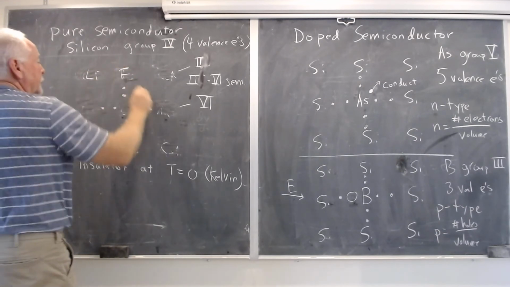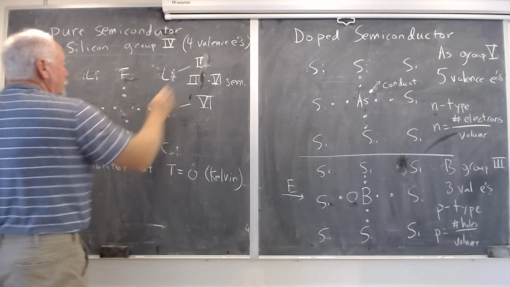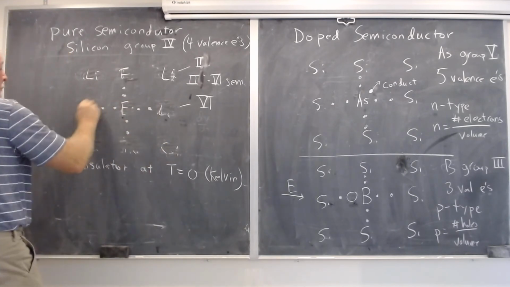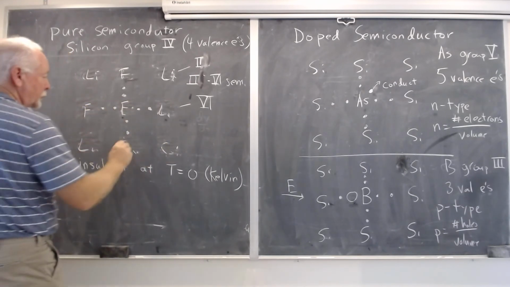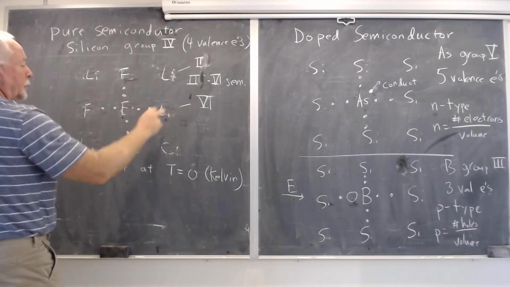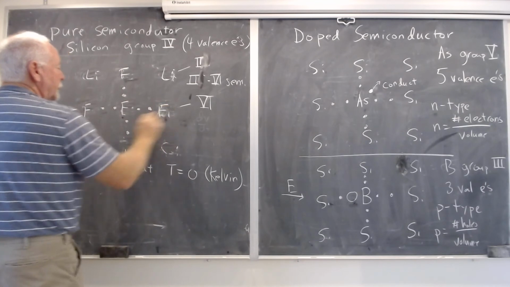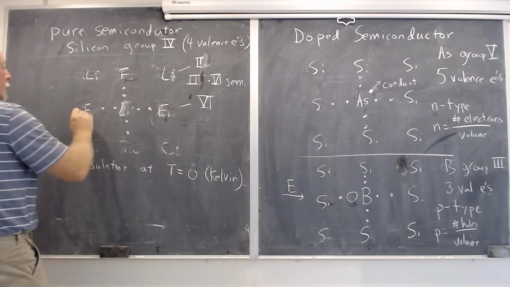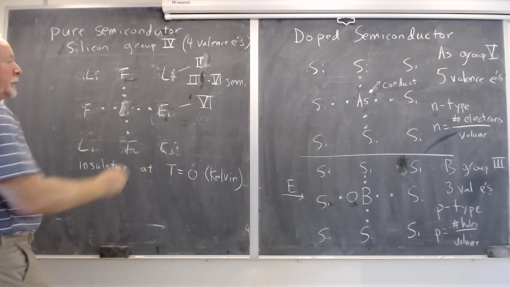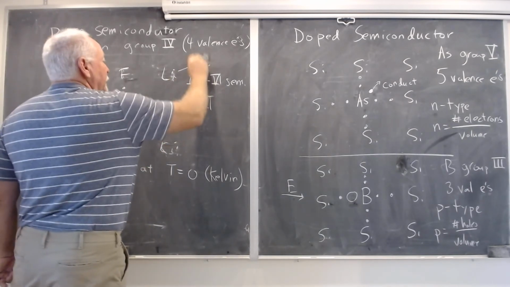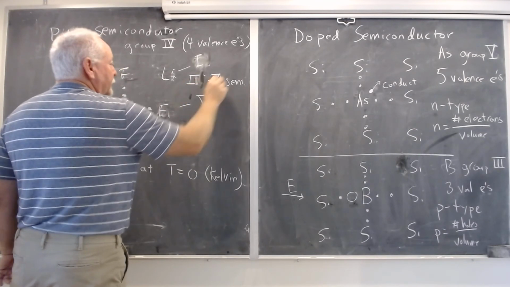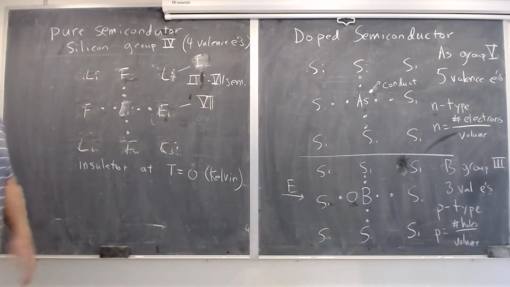lithium fluoride. Oops, the other way around. Lithium fluoride, lithium, fluoride, lithium, fluoride, lithium. Okay, and so this is now group 1, and this is group 7, and so you can also have a 1,7 semiconductor.